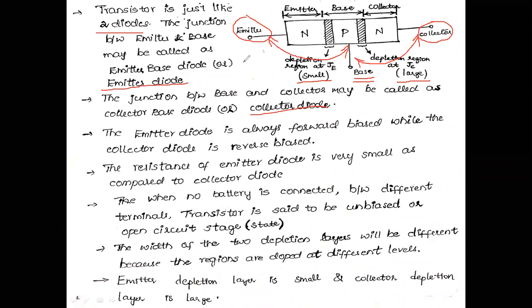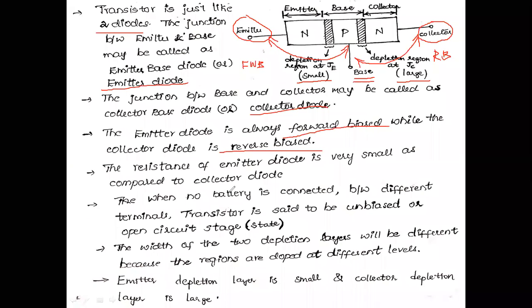Why forward biased, that reason we are going to see in the subsequent session. Don't worry. The emitter diode is always going to be forward biased, and the collector diode is always going to be reverse biased.